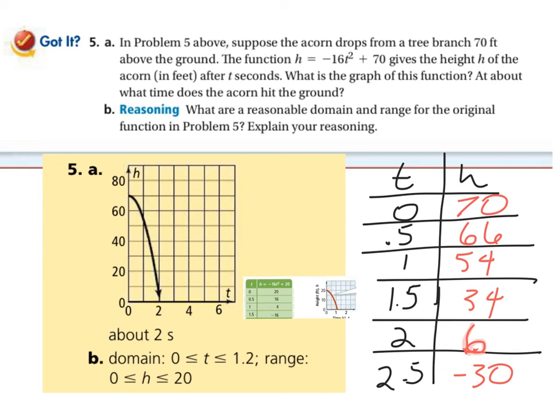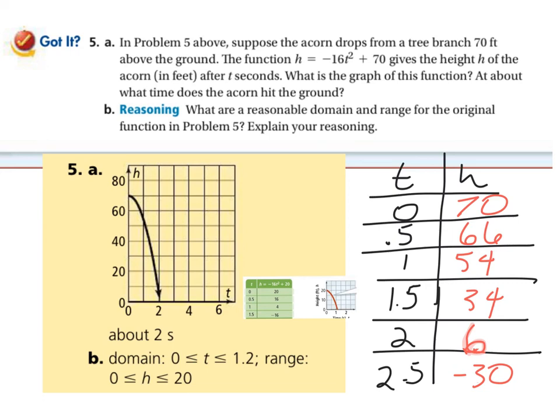It's something I expect that you are able to do by now, but again, I'll sit down with you if you're having some trouble making some errors or whatever. But anyway, so 0 squared times negative 16 plus the 70 is 70. Notice each of these compared to these values, it's literally 50 more because the other one was plus 20. This is plus 70, so it's literally 50 more at each turn.